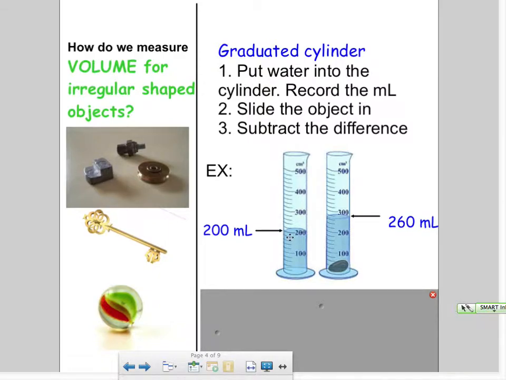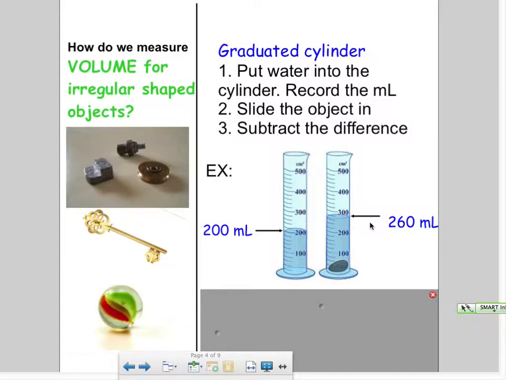So for example here, we put 200 milliliters of water in a graduated cylinder. Then you slide the object in, the object that is irregularly shaped, and you want to know the volume. And whatever the difference is, that will be your volume. So when you put this rock in here, you notice that the level rises to about 260, because you got 220, 40, 60.